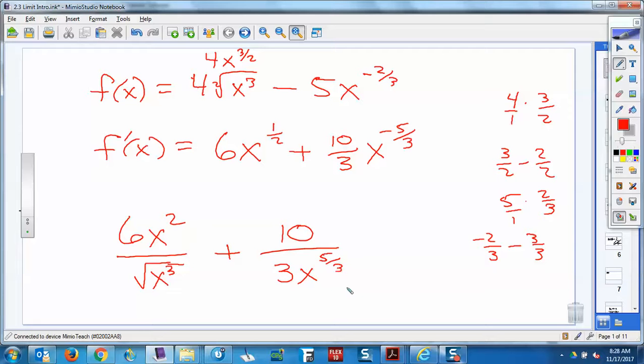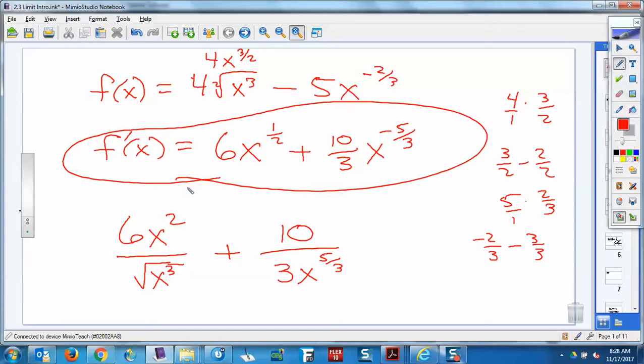That's the answer, right? So here's the problem with using the calculator to check these. You work it out, and then you go to your calculator and it says this. You have to understand that the calculator is going to simplify it in different ways under rules that it's programmed to do.